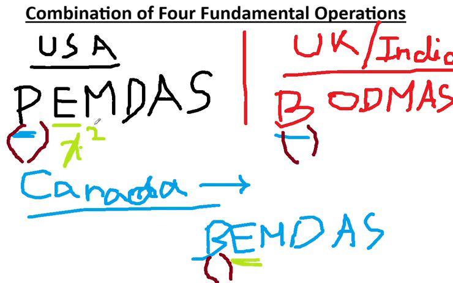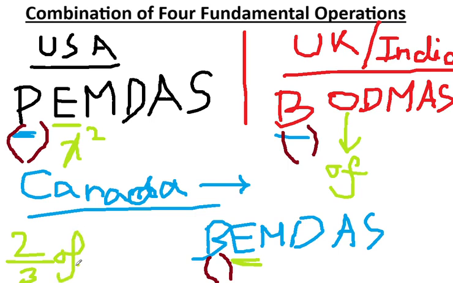In UK and India, it's a little bit different. This one stands for O. O stands for of. What does of mean? If you get a sum, suppose 2/3 of 9 plus 5 divided by 3, you are going to work out this one first.